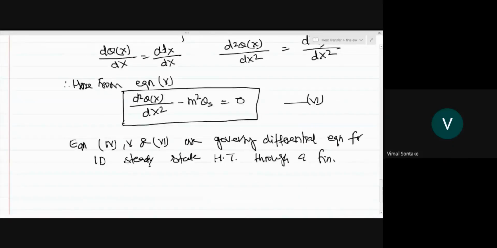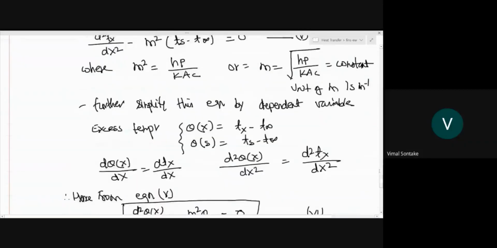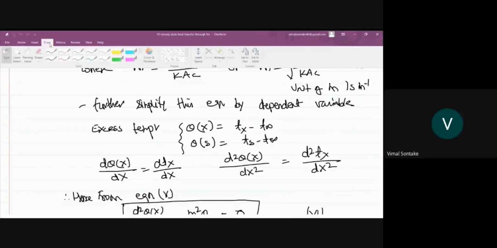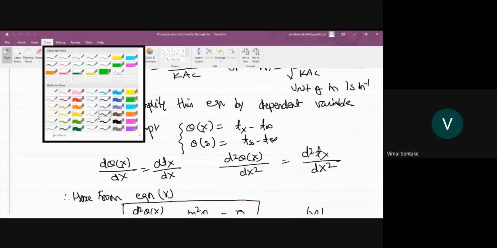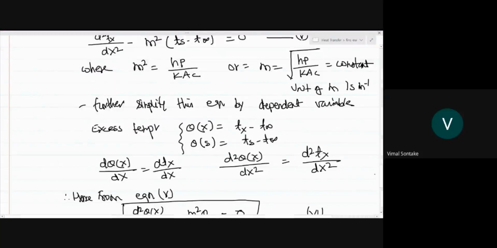In equation number 6, m is called a parameter, which is given as m is equal to square root of hP over kAc. h is the convective heat transfer coefficient, P is the perimeter of the fin, k is the thermal conductivity of the material of which the fin is made, and Ac is its cross-sectional area.